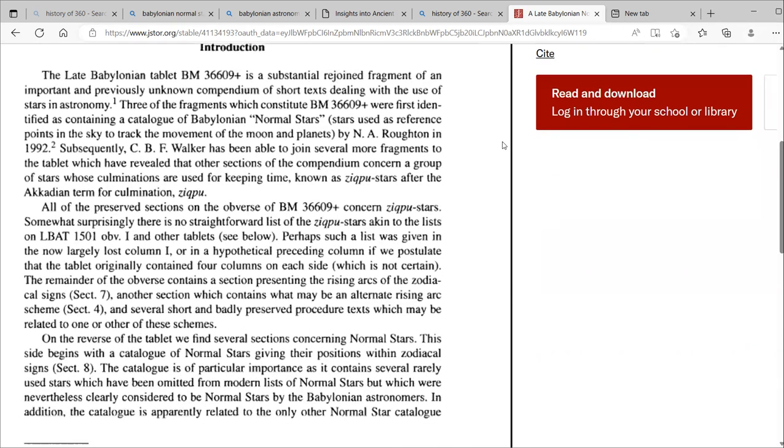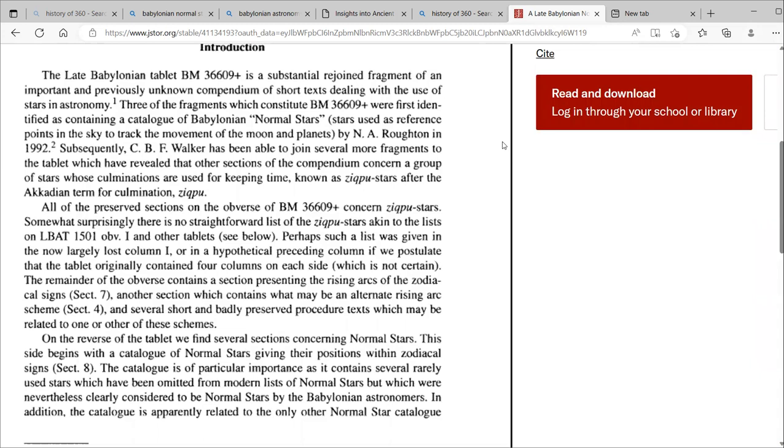All the preserved sections of the observed BM 36609 concern ziqpu stars. Somewhat surprisingly, there is no straightforward list of ziqpu stars akin to the list of Labayat 1501 OBV I and other tablets, see below.